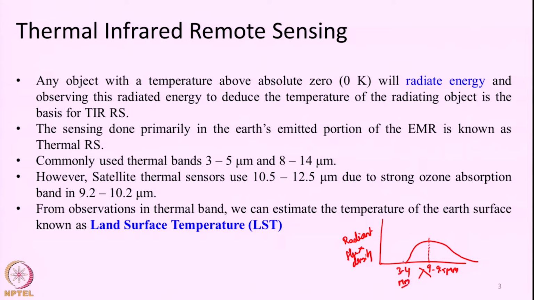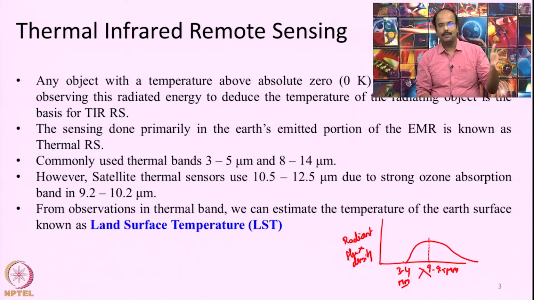When Earth's surface features emit radiation, it will not be even near the visible range. Because of its own temperature, the Earth's emission will start to occur around 3 to 4 micrometers in wavelength, and sometimes for hotter surfaces it may be in the SWIR range, but not in the visible range.